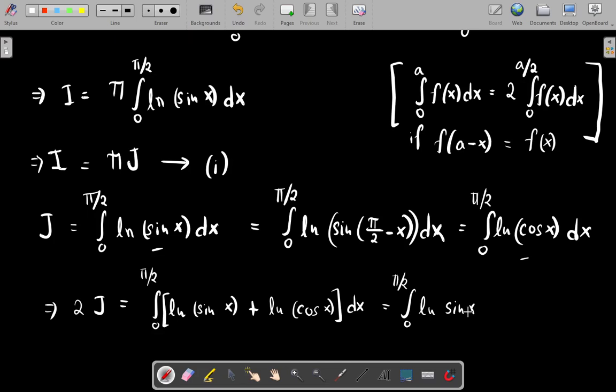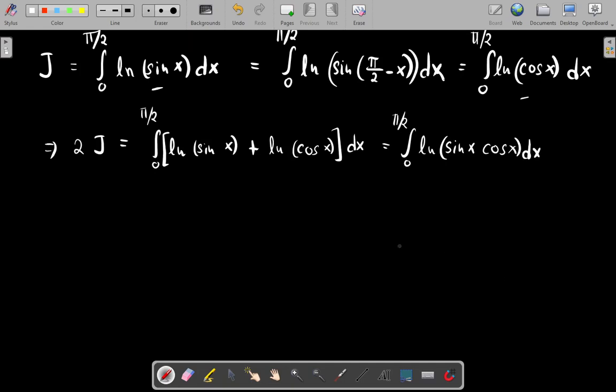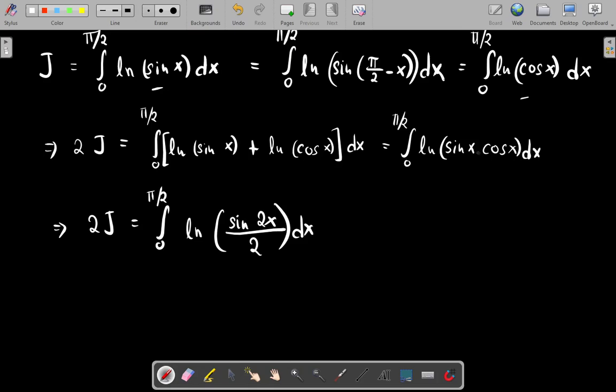So this becomes the integral from 0 to pi over 2 of ln of the product sin x cos x dx. Okay, so this can be further simplified to the integral from 0 to pi over 2 of ln of sin 2x by 2 dx, right? I have multiplied a 2 inside this bracket and divided by a 2, so this becomes 2 sin x cos x, which is sin 2x, upon 2.